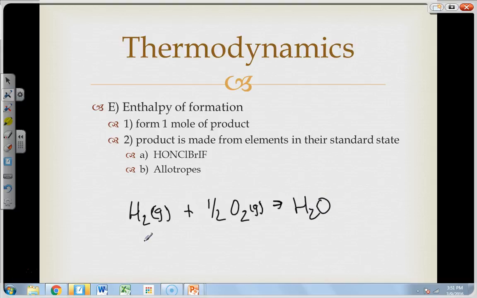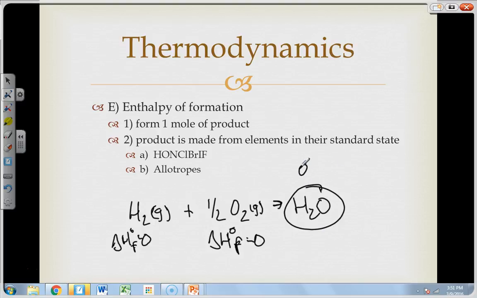Now, if that delta H of formation of H2 is equal to 0, and the delta H of formation of O2 is equal to 0, well, the only delta H that is contributing to the enthalpy of the reaction is that of water.